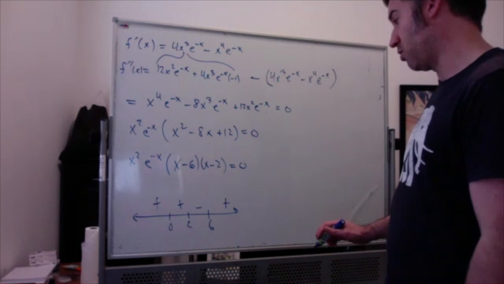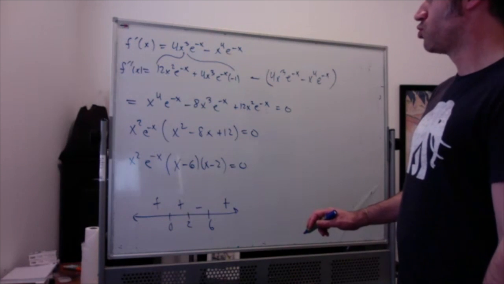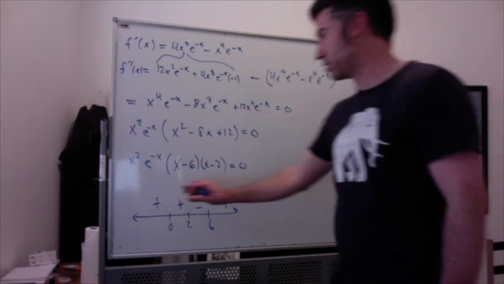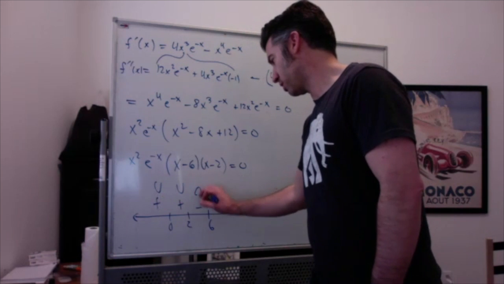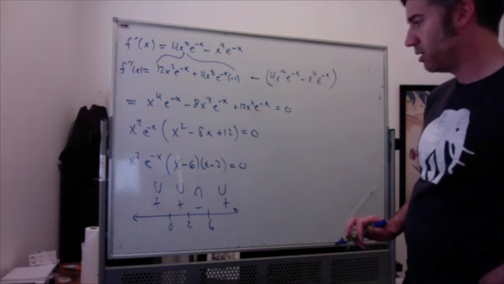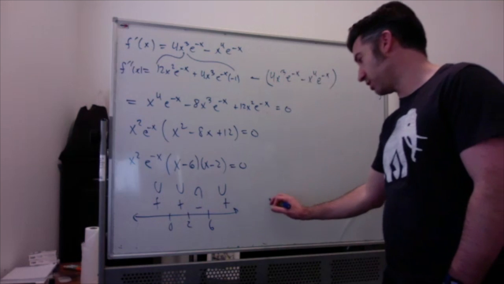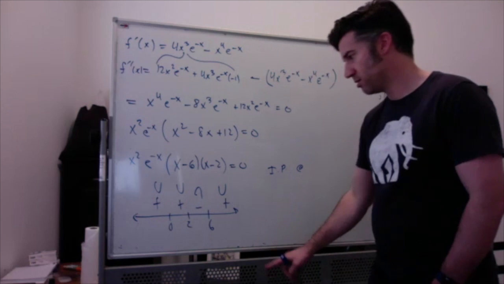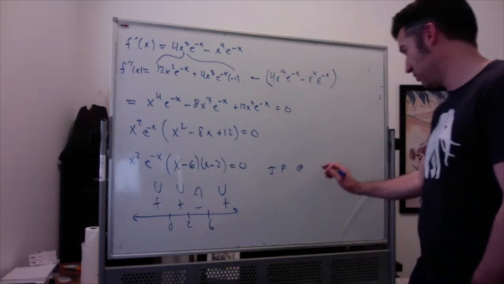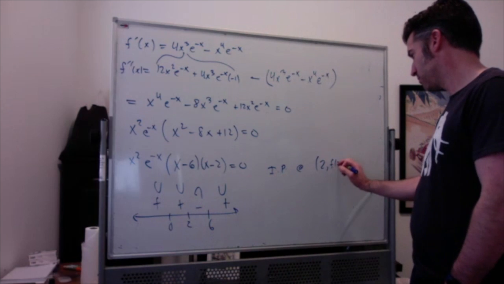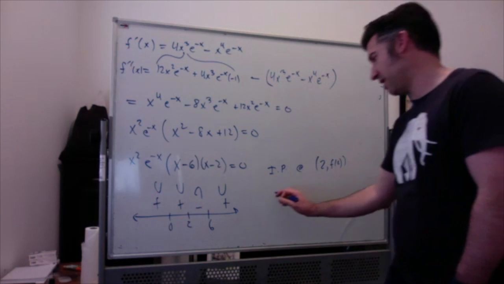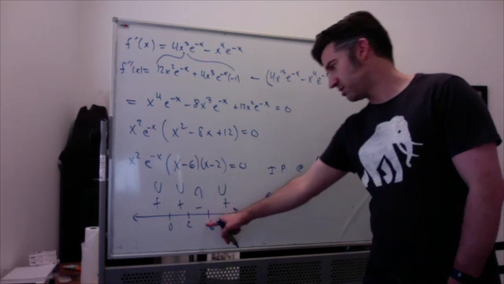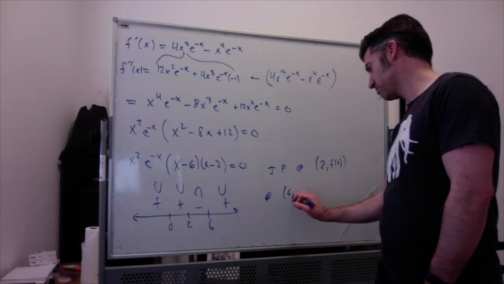Okay, so that means it's concave up, concave up, concave down, concave up. So it looks like I have inflection points at 2, comma, f of 2 and at 6, comma, f of 6.